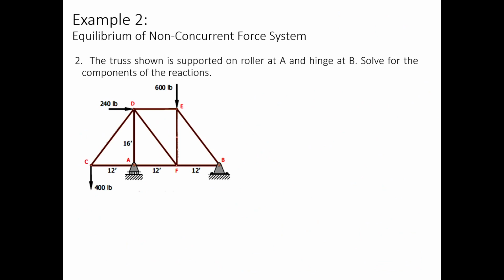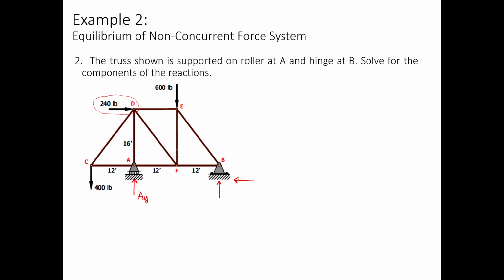So this time we're going to solve for the supports again. We're going to have one vertical component here at A, so this will be AY. And for the hinge support we're going to have two components, one vertical and the other horizontal. I made the horizontal one going to the left because I observed that there's a 240 pound force exerting on the right side.